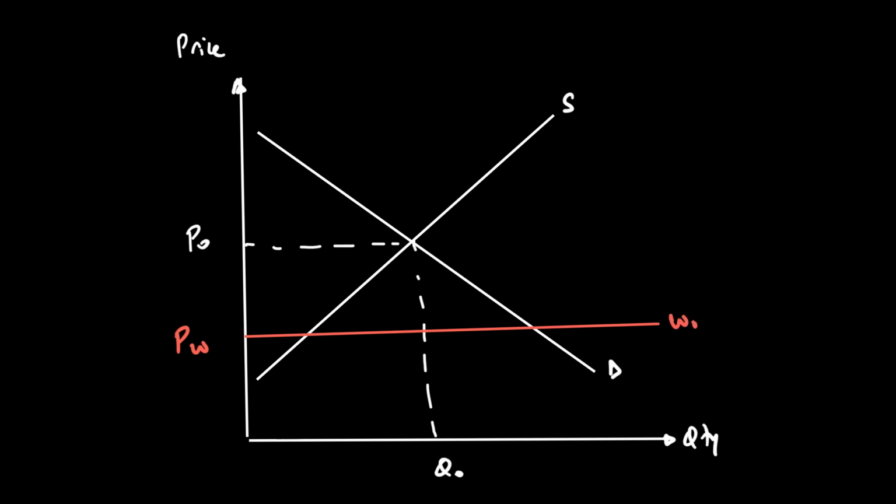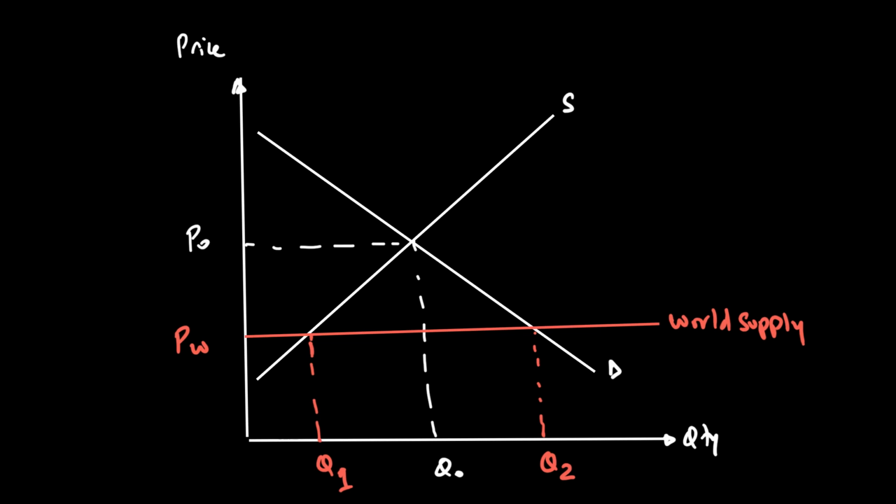So this is my world supply, and they are sold for PW, and as a result of this, Q2 is being demanded domestically while Q1 is being produced domestically, and therefore we have a level of imports of Q2 minus Q1.